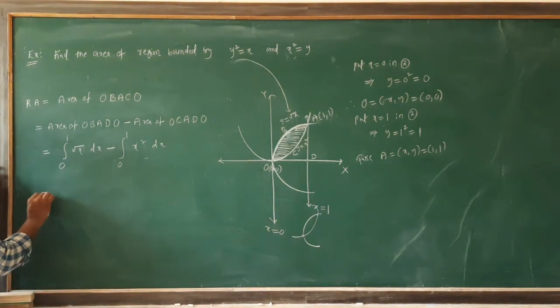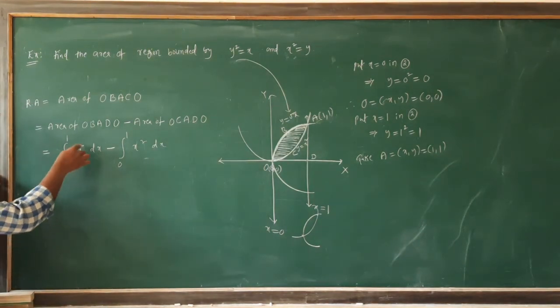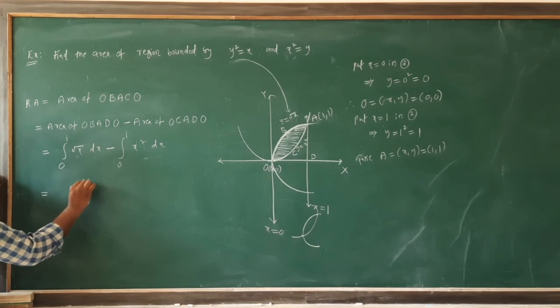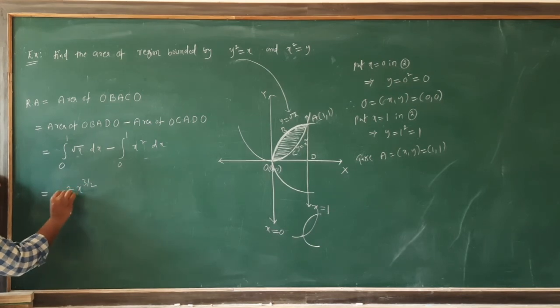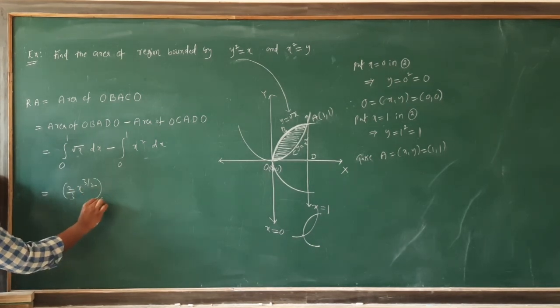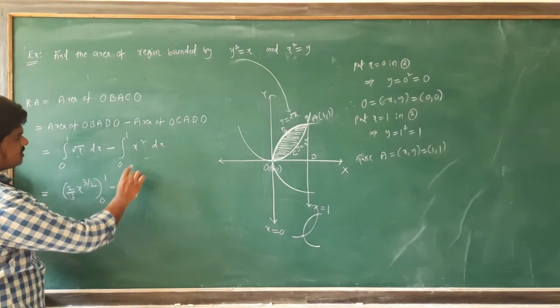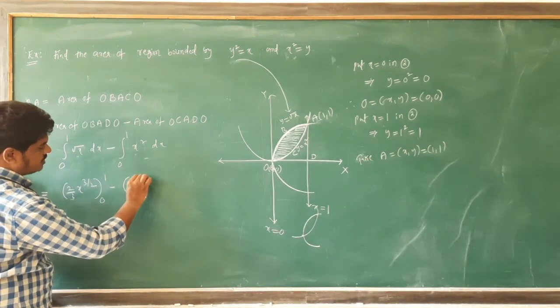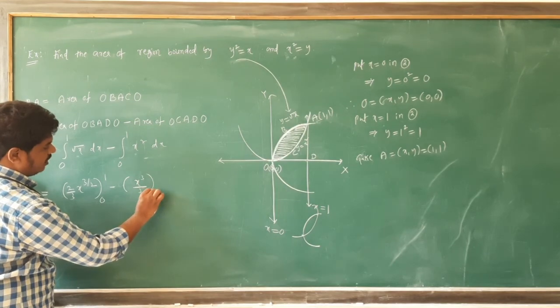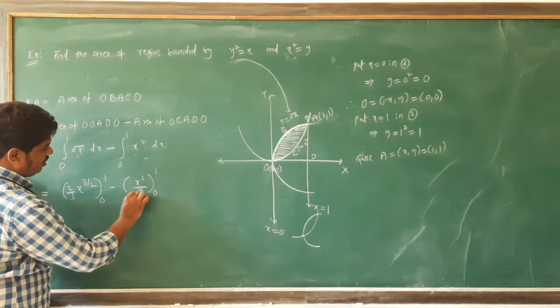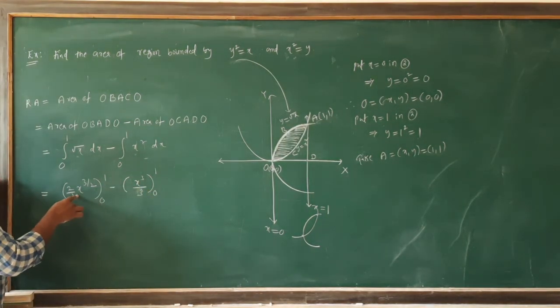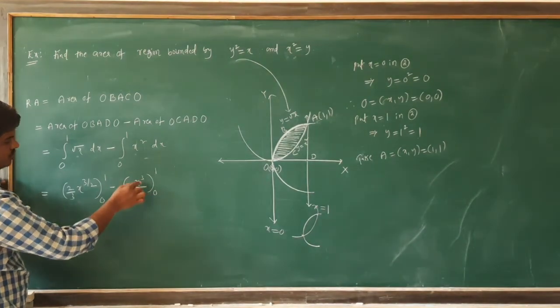Now, the integral of x to the power of 1 by 2 is x to the power of 3 by 2 divided by 3 by 2, which is 2 by 3, with limits 0 to 1, minus the integral of x square, which is x cubed by 3, with limits 0 and 1.